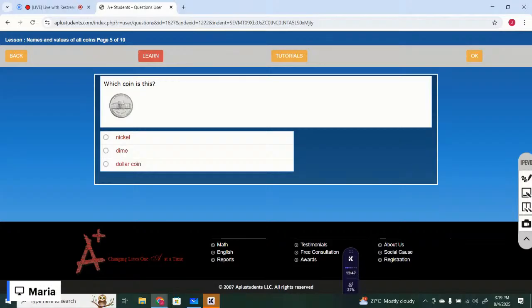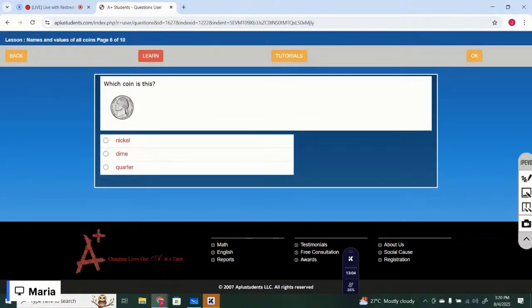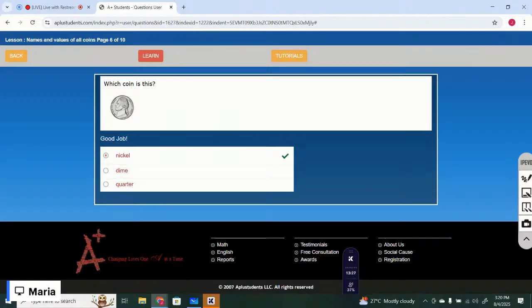Which coin is this? Which is the correct option? Nickel it is. Option number one is the correct option. Which coin is this? Nickel, dime, quarter. That is nickel. Option number one is the correct option.